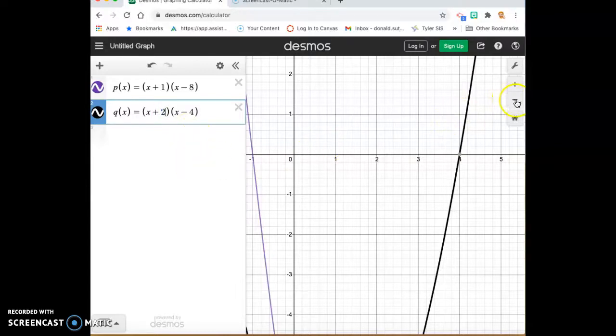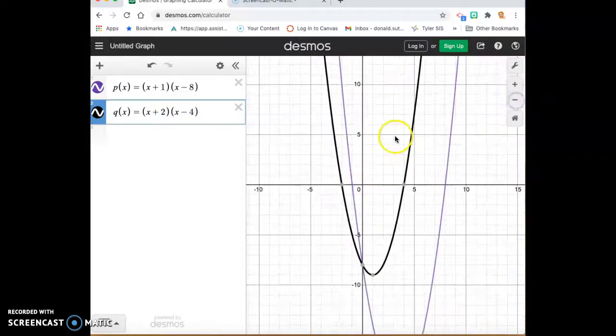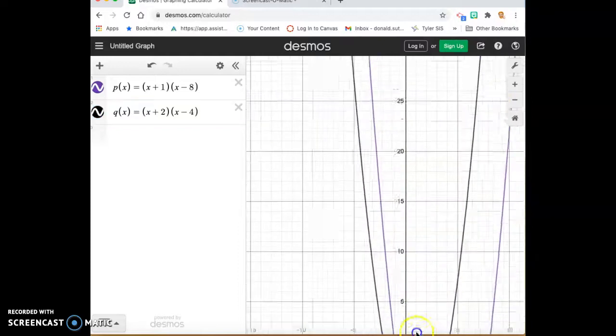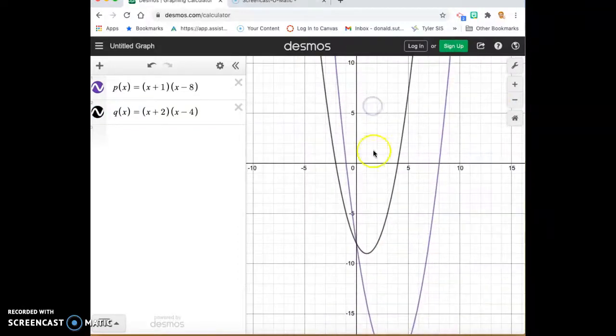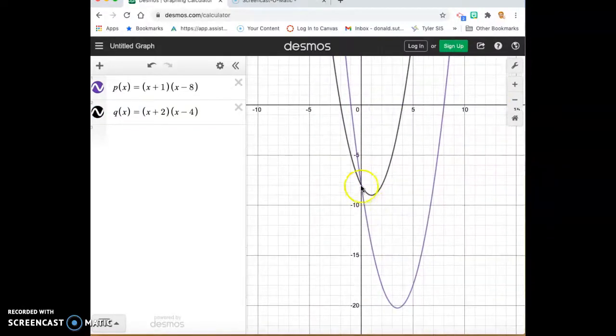Let me zoom back out here. It looks like I only got one intersection at x minus 8. Doesn't look like it crosses anywhere else. So one intersection at (0, negative 8).